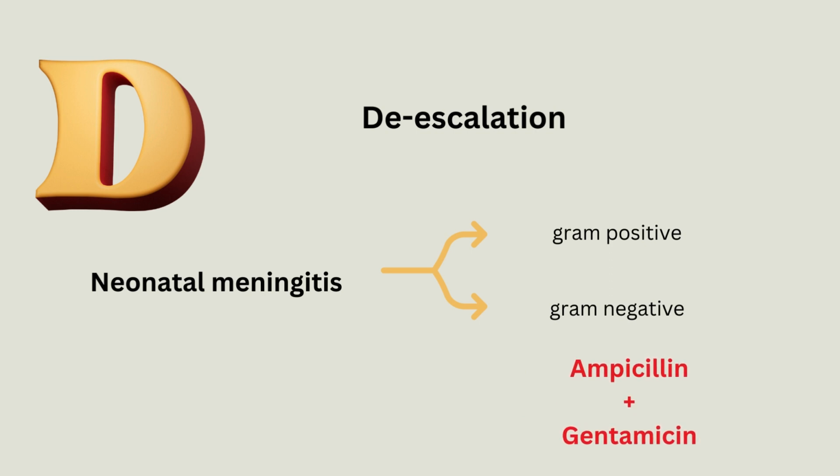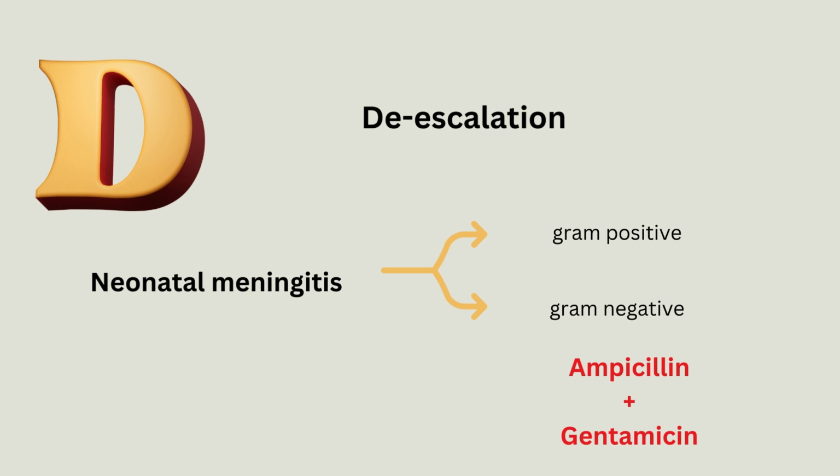For example, in the case of neonatal meningitis, which can be caused by either gram positive or gram negative bacteria, the empirical therapy should cover both types. That is why it is initially treated with ampicillin and gentamicin.